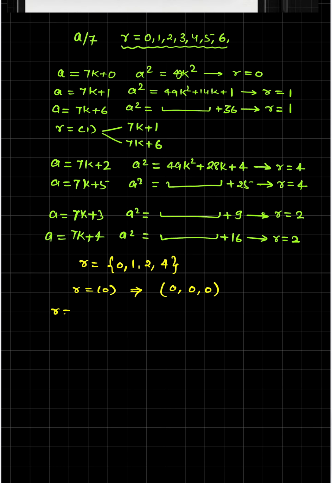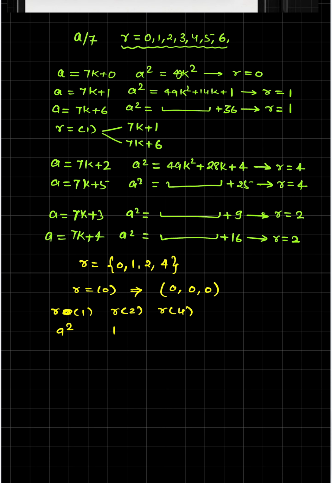Now suppose remainder 1, remainder 2 and remainder 4. When I say a square has remainder 1, I mean when a square is divided by 7, the remainder is 1.